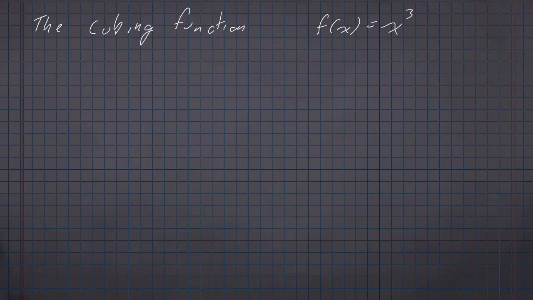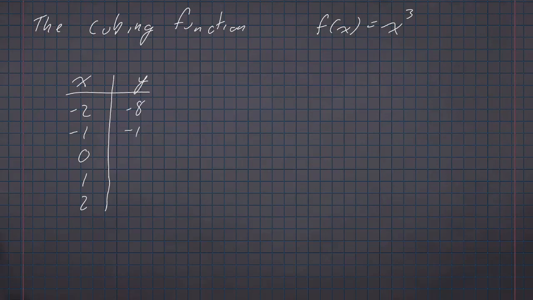Continuing on, the cubing function f of x equals x to the third power takes the squaring function and is even more extreme. So if I plug in some values for x, -2, -1, 0, 1, and 2 yet again, well, -2 cubed is -8, -1, 0, 1, and +8. And let's put this really in close so I might have some space on the side to continue my discussion.